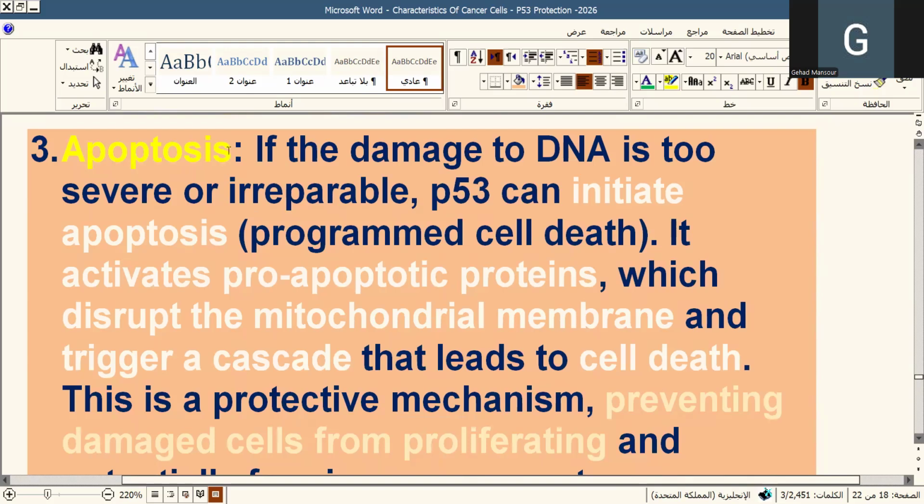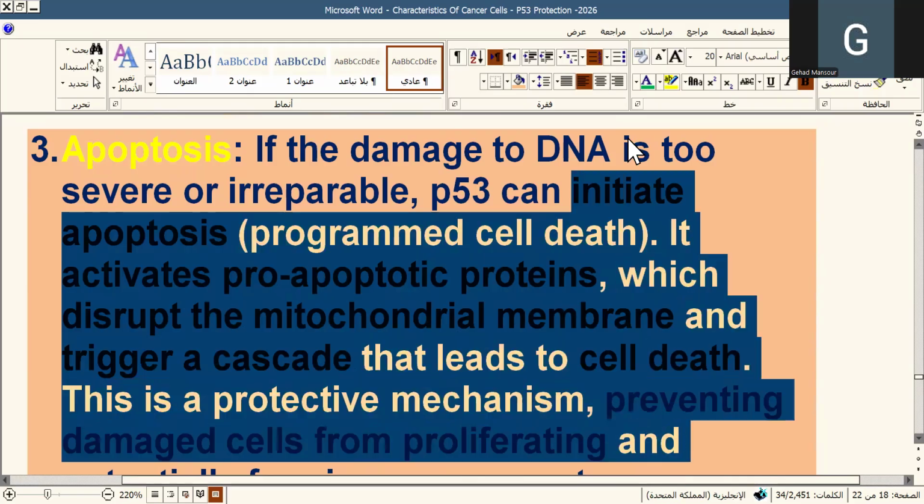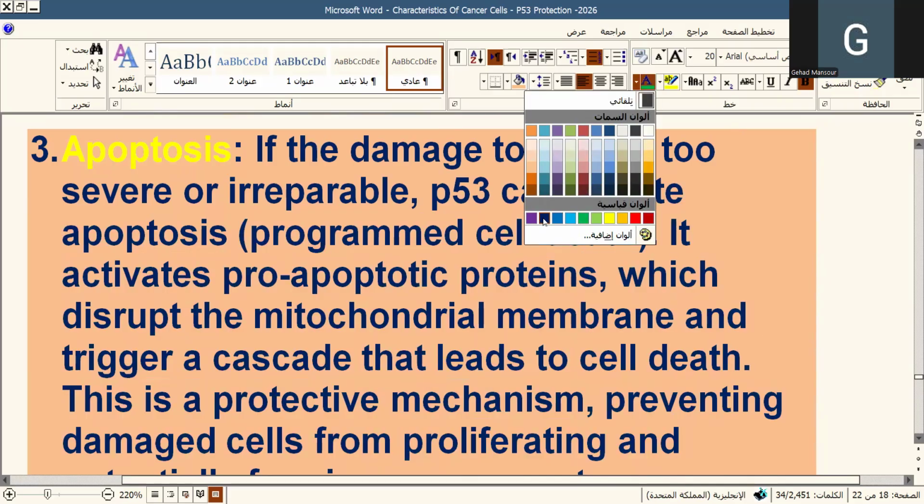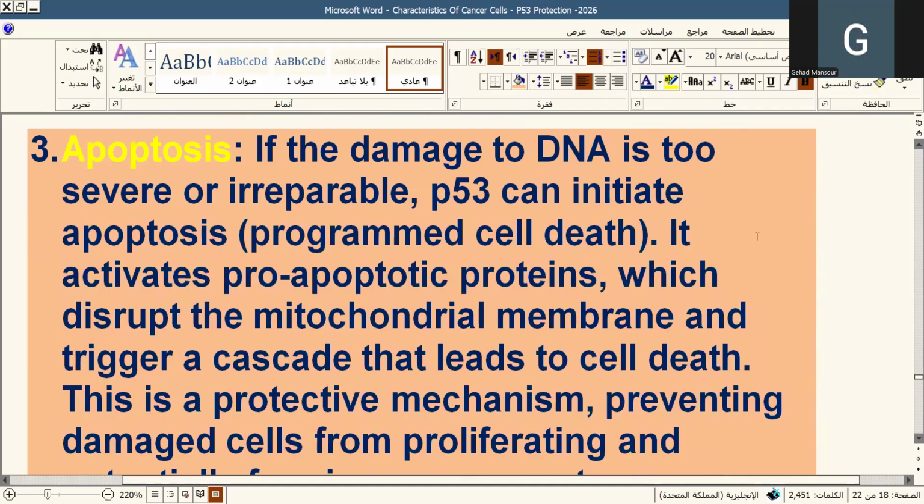The third function is apoptosis. I know we have mentioned it earlier in the video, but now again we are repeating this to add a new piece of information. We said before that if the damage in DNA is an irreparable damage, then the cell will be forced to go to programmed cell death, or apoptosis.